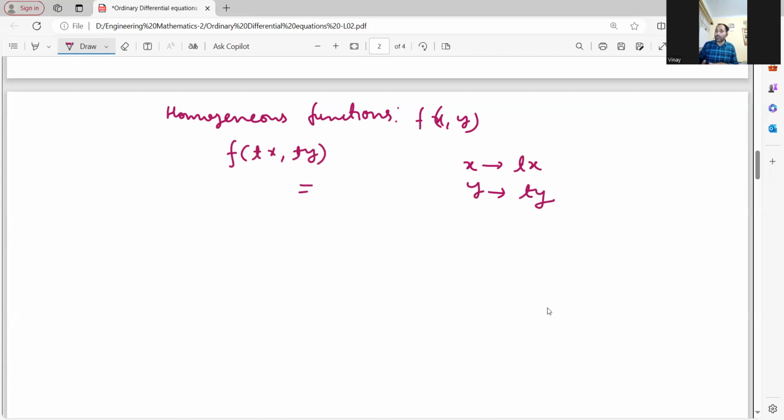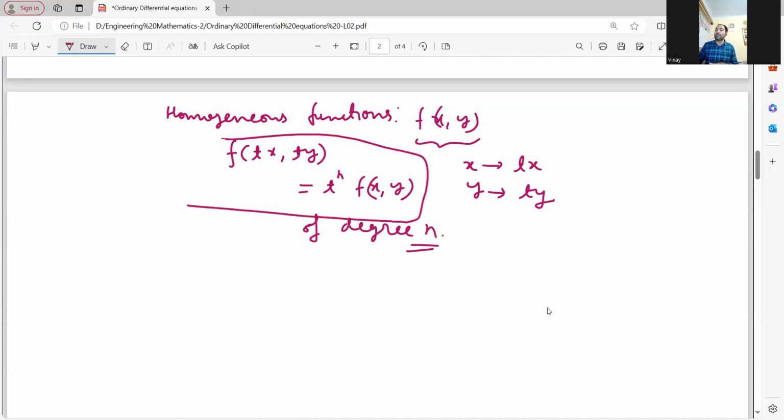You should get t to the power n f(x, y). Then this f(x, y) is said to be a homogeneous function of degree n. If you can write a function in this format, then that function is called a homogeneous function of degree n.